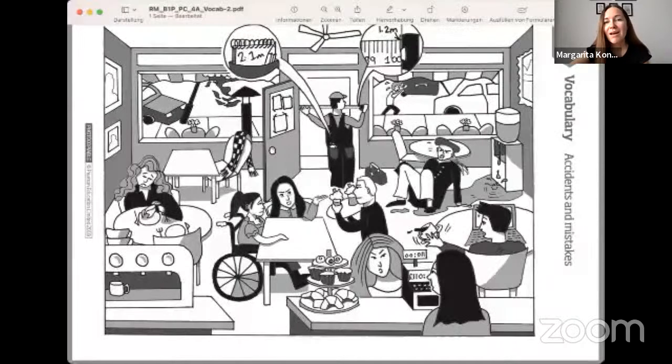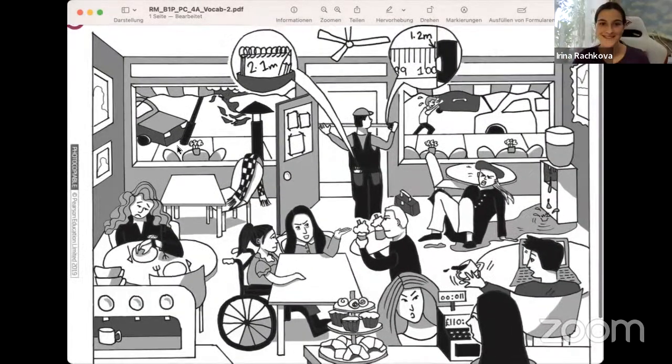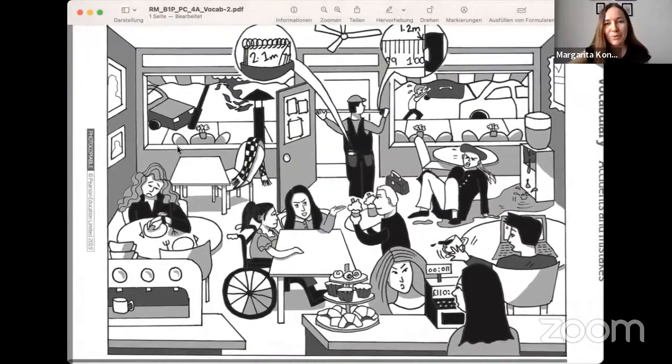Okay, we're going to have a look at a picture with a cafe or restaurant, difficult to say what it is. And there are lots of things going on here in the picture. Do you see it? Yes, lots of things are happening here. So we need to say what is happening or what has just happened in the picture, right?